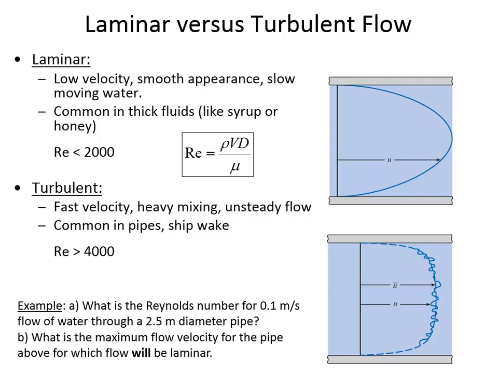So I slowly open up the valve, so slowly that at first conditions are laminar. The water is flowing laminar because I forced the water to move slowly. But now I'm increasing it, and now the Reynolds number is 3,000.